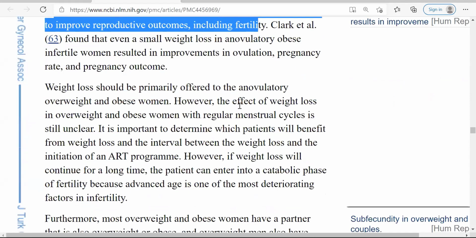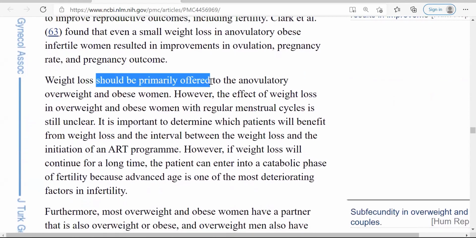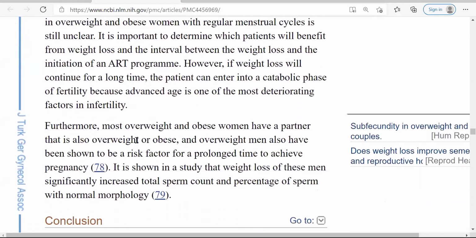So the basic thing is weight loss should be primarily offered to anovulatory, overweight, and obese women. However, the effect might not be that dramatic, but it can increase the possibility and decrease the risk. That's the important part.